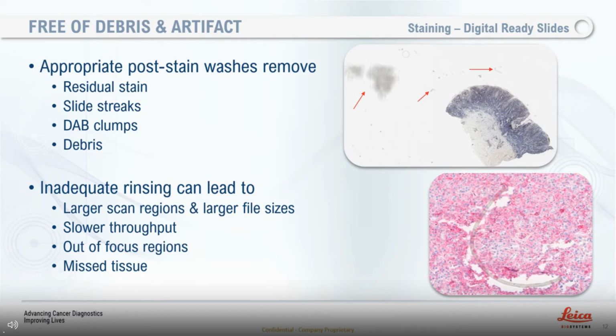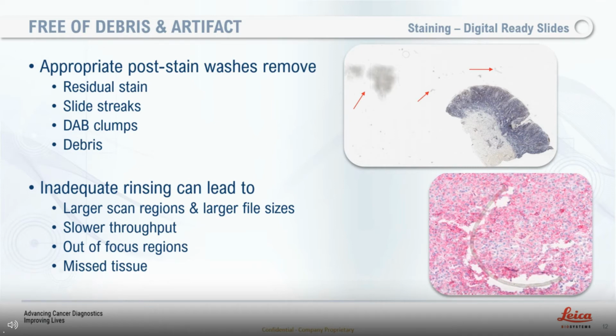Sometimes you'll get those DAB clumps, in particular if you're doing any kind of manual IHC work, or just general debris. Again, these pieces of debris can be problematic on a number of different levels when you start looking at digital pathology and scanning those slides.